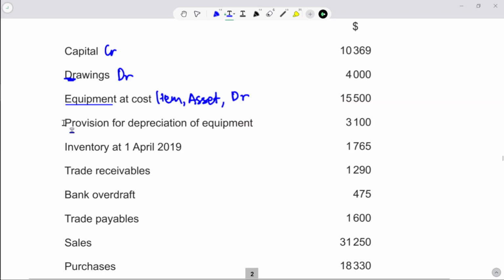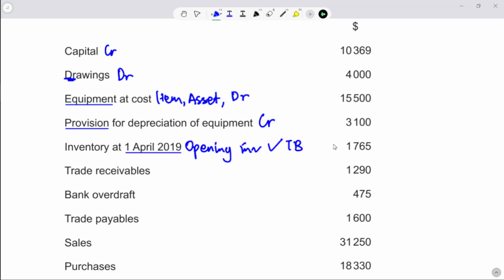So this one, provision, will be our credit. This one, 1st April, is opening inventory, so we record in trial balance. So this one will be debit.